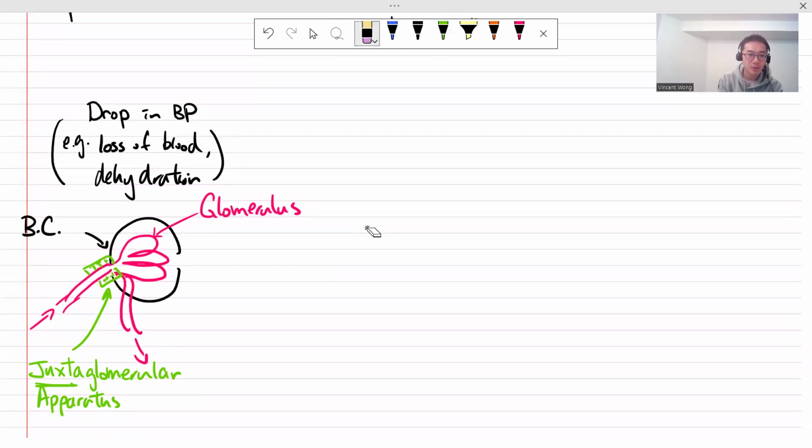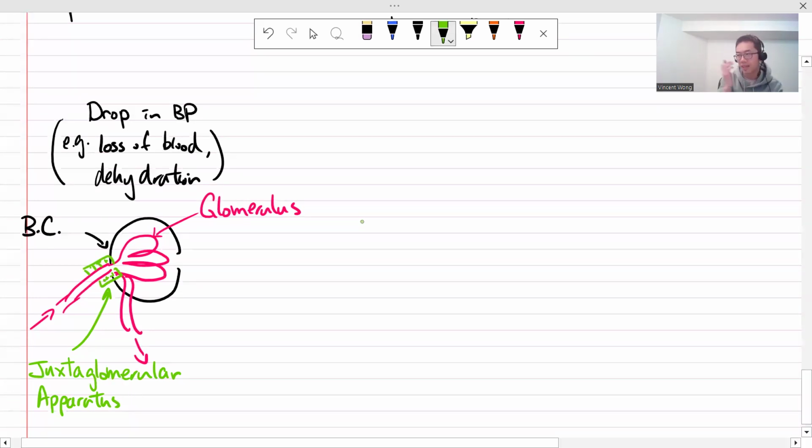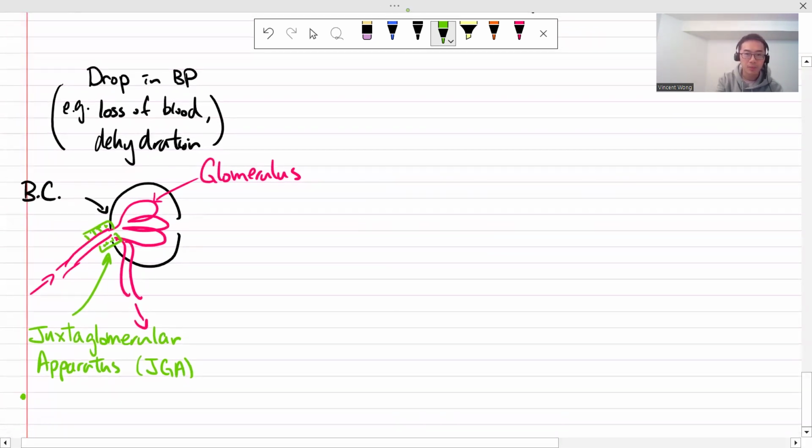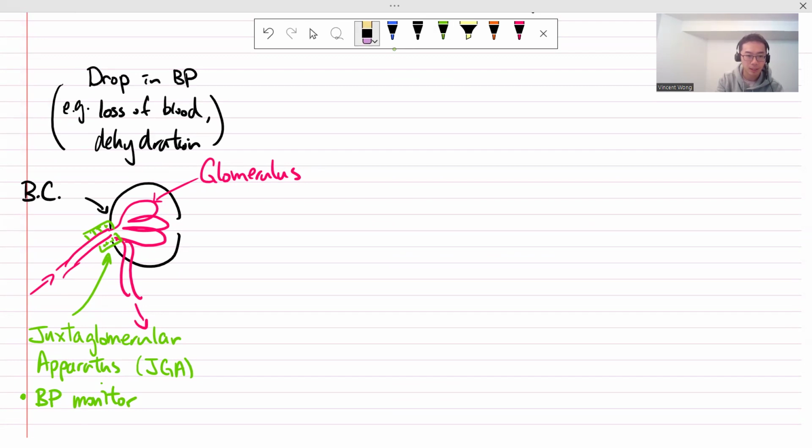Juxta means next to. Apparatus means a group of things. So it's a group of cells that's next to the glomerulus. Thankfully, we can just call it JGA for short. What this thing does is it's a BP monitor.